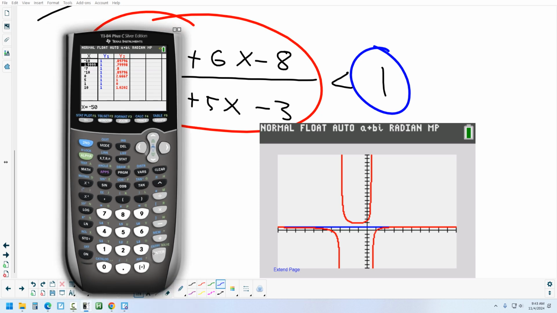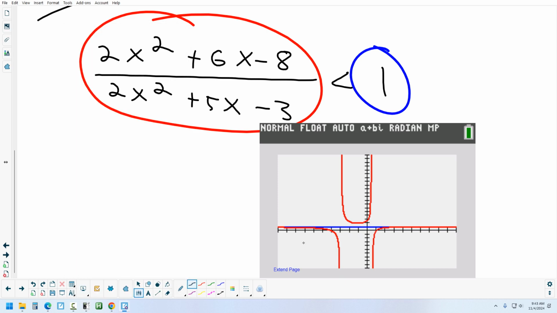Let's go -50. It's a little bigger, but is it still under 1? Yep. Let's go like -5,000. Is that still under 1? Yes, it is. So we went all the way to -5,000. It's still under 1. I would say it's going to stay under 1 forever. If you've gone to -5,000 and it hasn't gone above it, it's probably not going to. Okay. So how low? Let's call this interval 1.